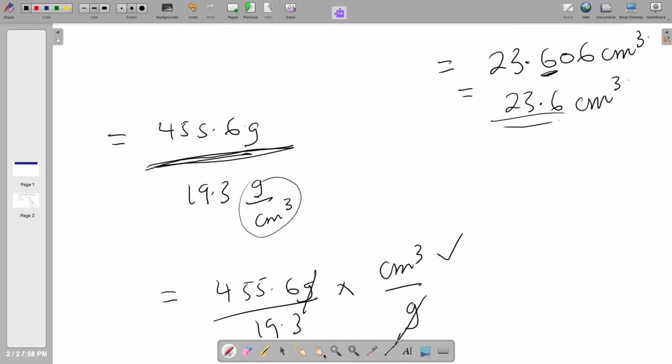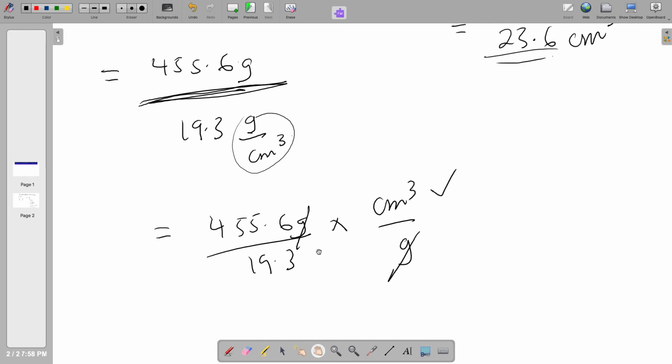Another way of doing that is multiplying 455.6 grams over 19.3 times your cubic centimeters per gram. So you flip the unit of your density to get that. Once you follow through, your answer should still be the same. If you round to the correct number of significant figures, you should get 23.6 cubic centimeters.